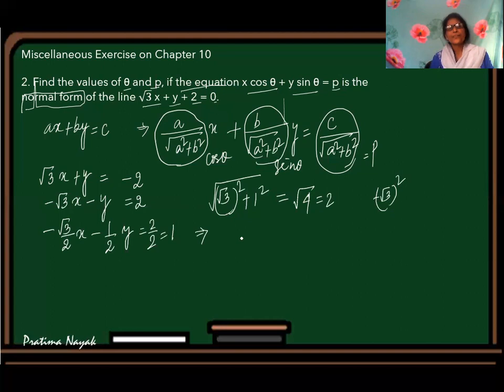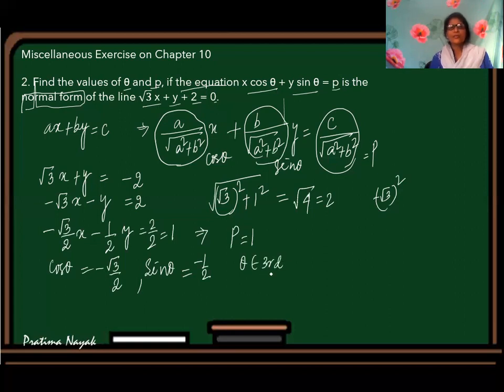Now next, cos theta is equal to minus root 3 by 2, and sine theta is equal to minus half. That means both are negative, so theta is in the third quadrant.